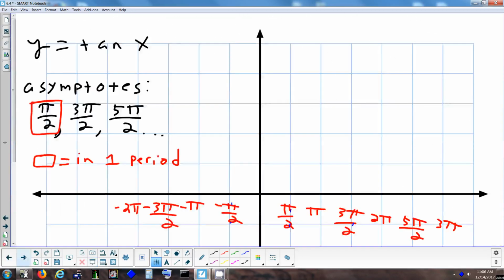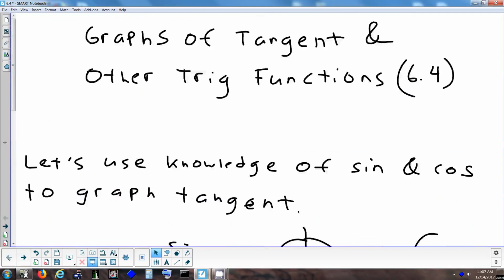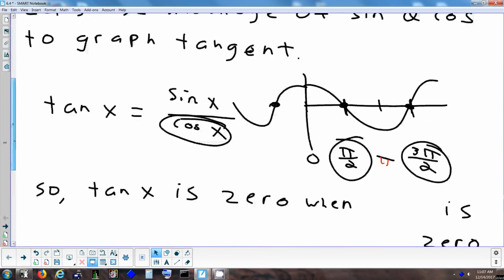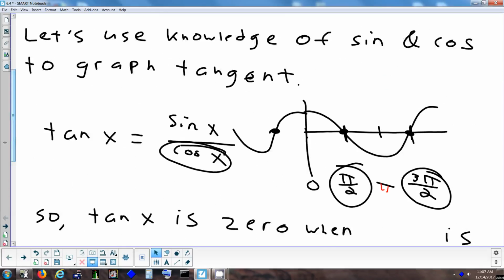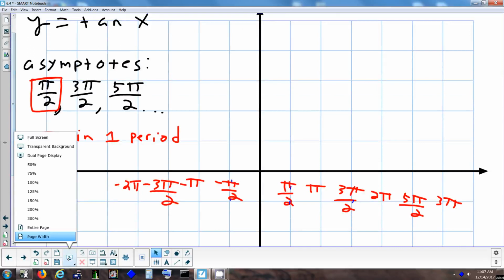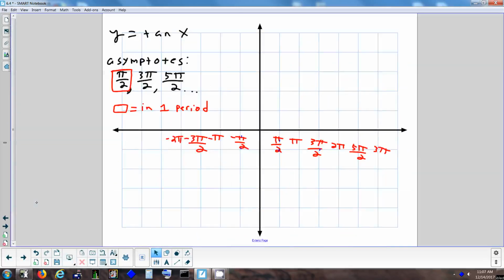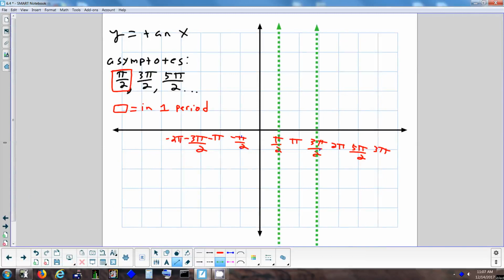So let's look at how we could sketch that. Let's draw 2 asymptotes in. I know I could draw a bunch of them as it goes on forever. Let's just draw 2. Maybe I'll put 3. I'm going to do one at pi over 2 and 3 pi over 2. All right, so asymptote at pi over 2, 3 pi over 2.